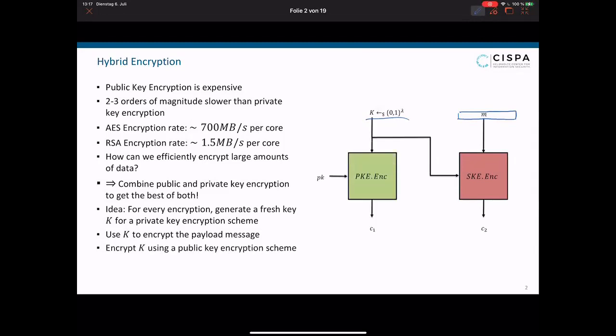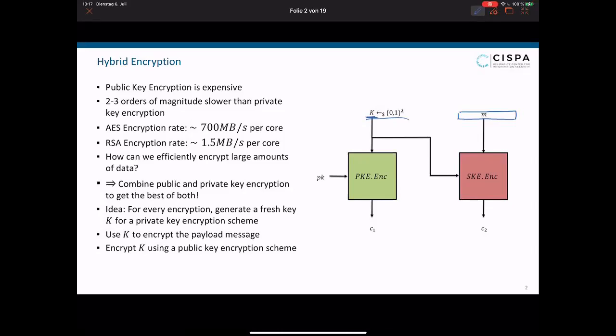We just take this key K and encrypt it under our public key encryption scheme, right? So take a public key. Now this key K is the message that we encrypt under our public key encryption scheme. And how big is this key?